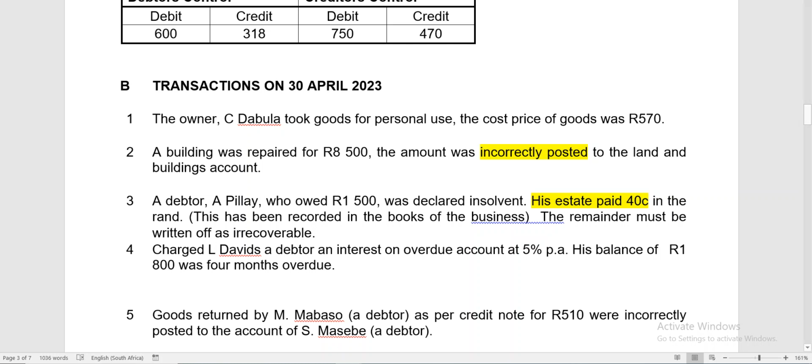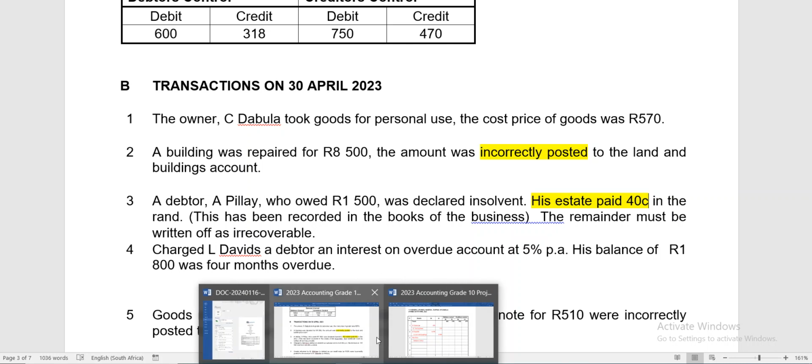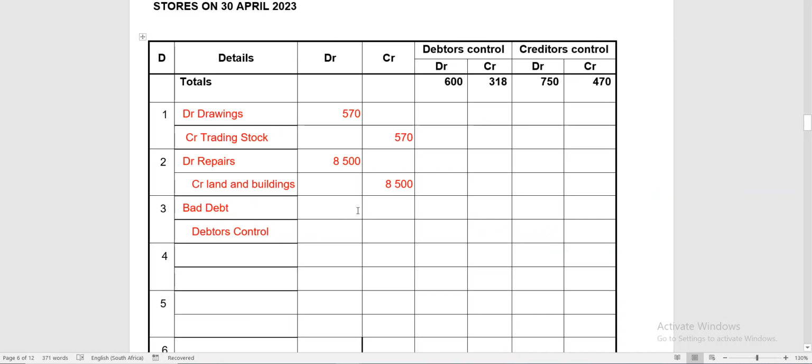Okay, so you would record it like this here. Remember, we said we are going to debit bad debts. We debit bad debts. So on the debit side, we will put that amount 900 that represents the bad debts here. Okay, so we'll put 900, and then on the credit side, we will put 900 also.